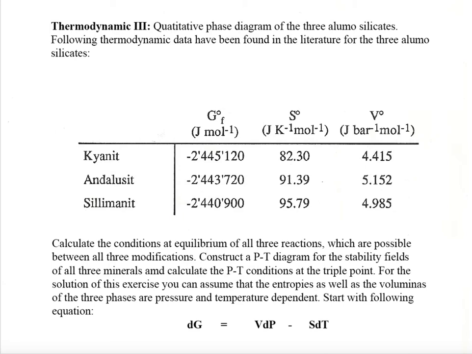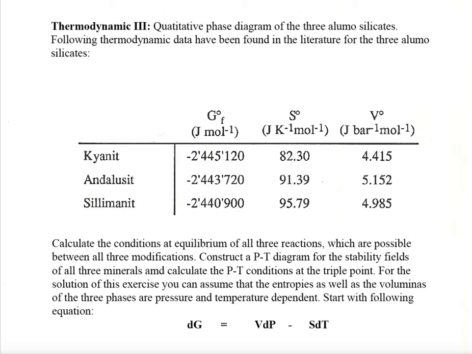The questions belonging to thermodynamics 1 are very easy, the questions belonging to thermodynamics 2 are medium, and the questions belonging to thermodynamics 3 are difficult. Here you should not make a qualitative phase diagram of the alumosilicates like before. Here you should make a quantitative phase diagram of the 3 alumosilicates.